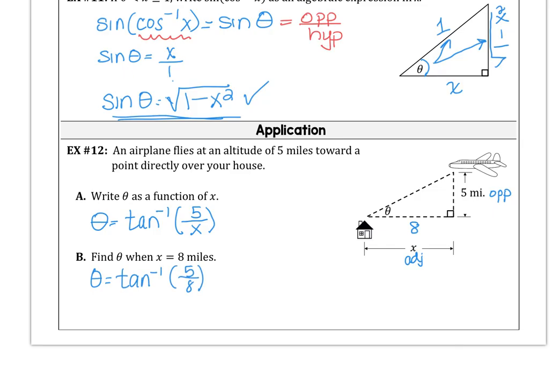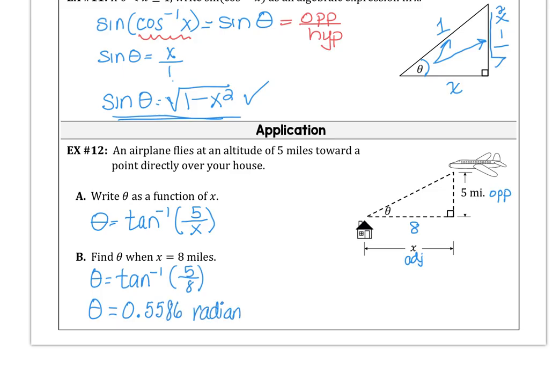So what we're going to do is enter that in the calculator. Theta is 0.5586 of a radian.